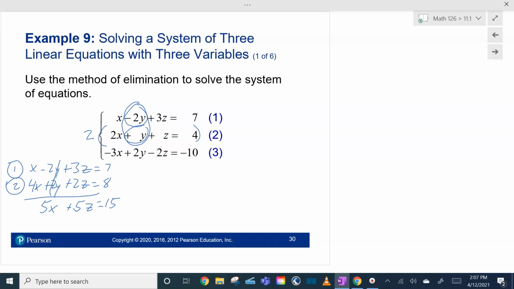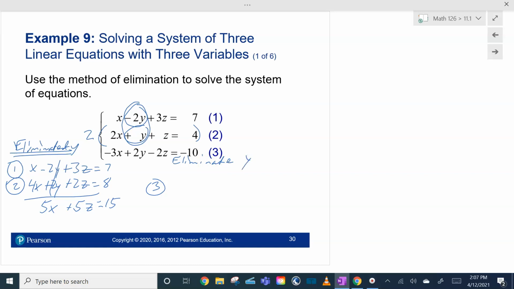Now I need to use equation 3, and I also need to eliminate y.